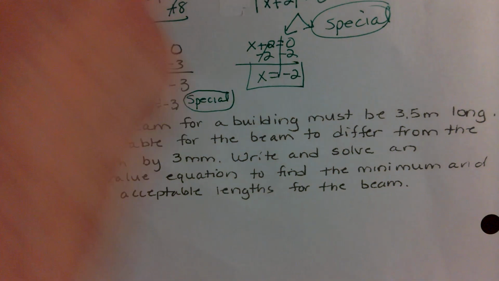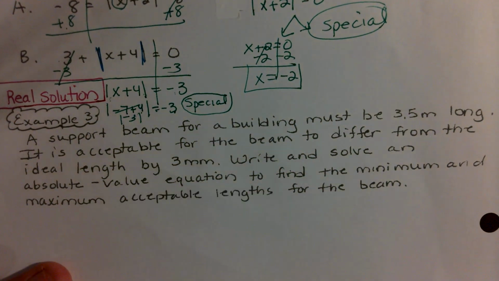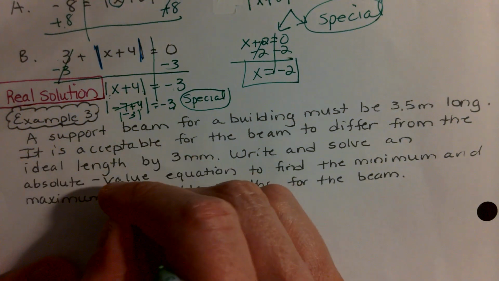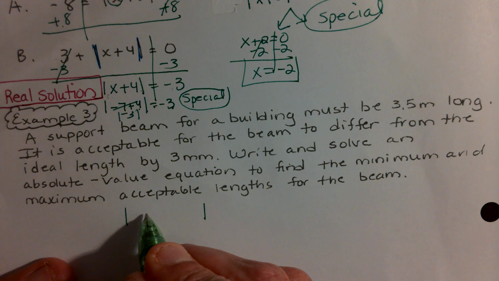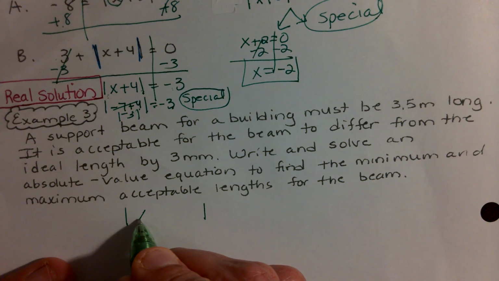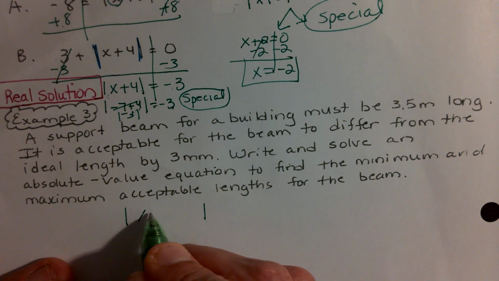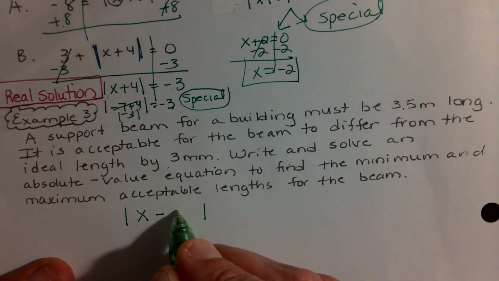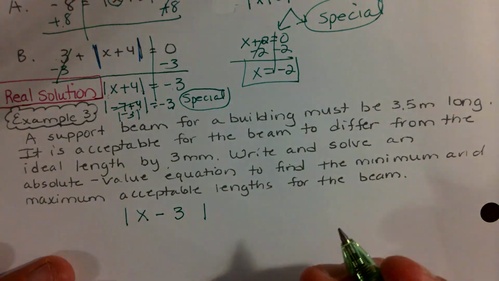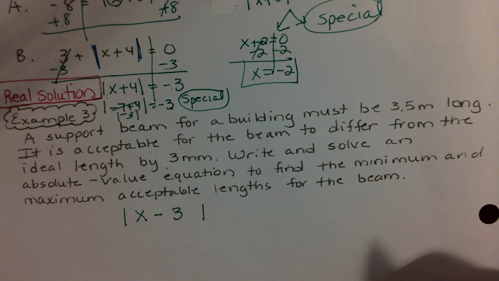So if we're trying to find that, we can use absolute value here. So we know that the difference between this, so the variable is x, can be off by what? 3. Find the minimum and the maximum.